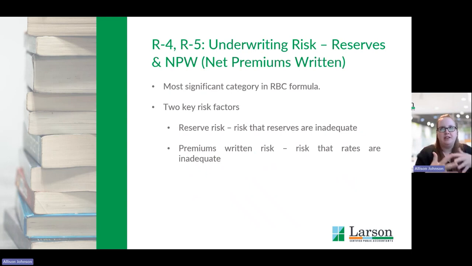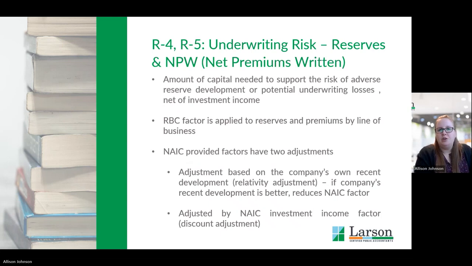This is the most significant category in the RBC formula for P&C companies, and we talked about what these risks represent. What this is trying to get us to is the amount of capital needed to support the risk that you have significant adverse reserve development.